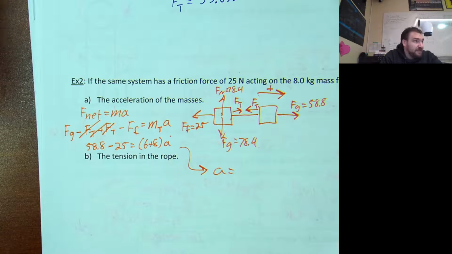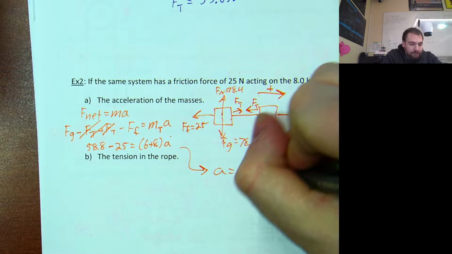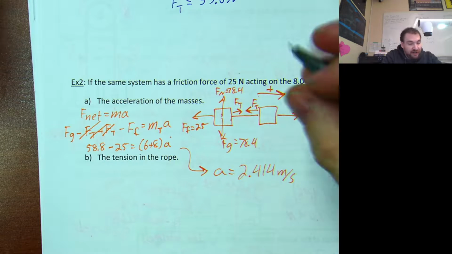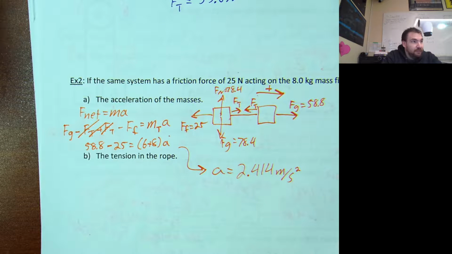It should be smaller because now we've got friction acting against us. So what's the new acceleration? 2.414? Is that what it rounds to, or did you just cut it off? Okay, round it. Okay, so the next one's a 2, so then this is rounded. Can someone verify? Yeah, okay, accurate, love it.